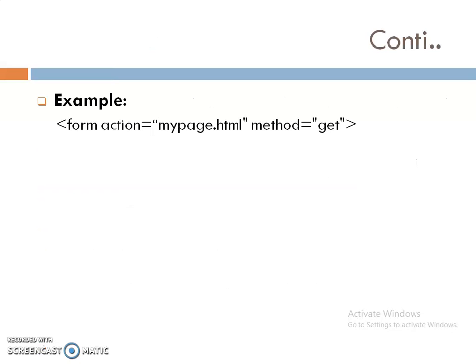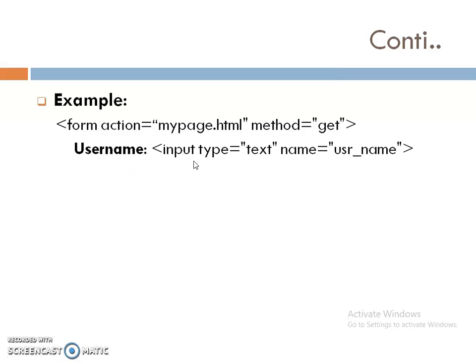For example, this is our form tag, in which I'm specifying two attributes, the action attribute and the method attribute. Whenever I submit this form, this type of action will be performed. That means the mypage.html page will be opened, and by this method my data is passed to the server.